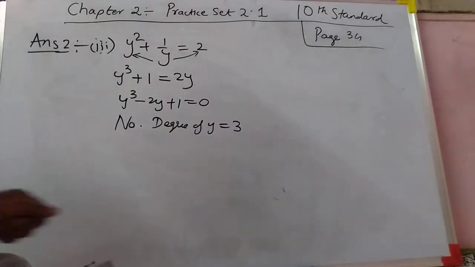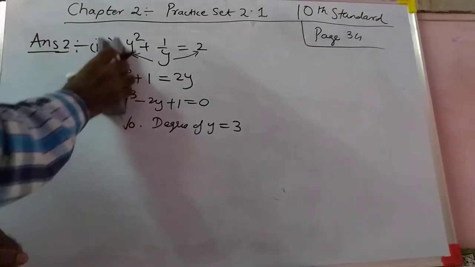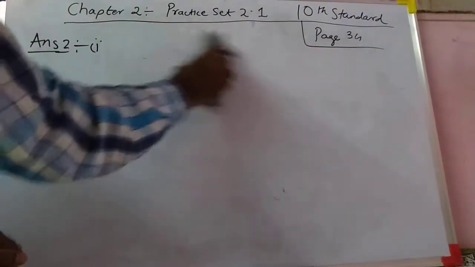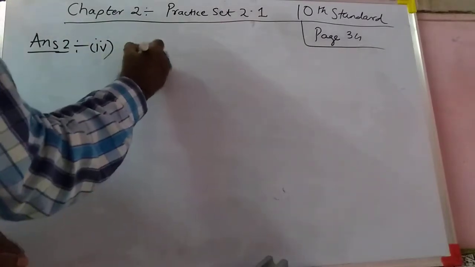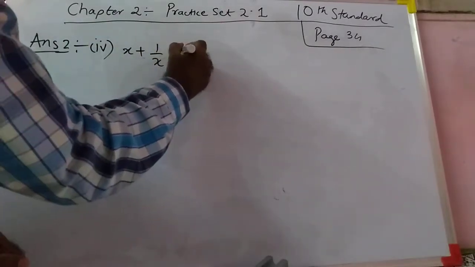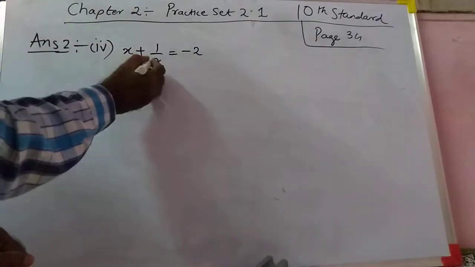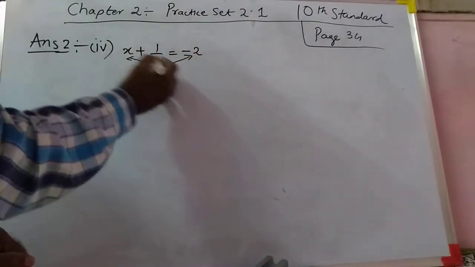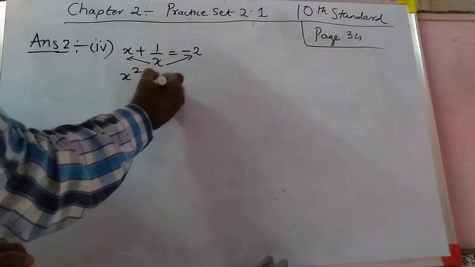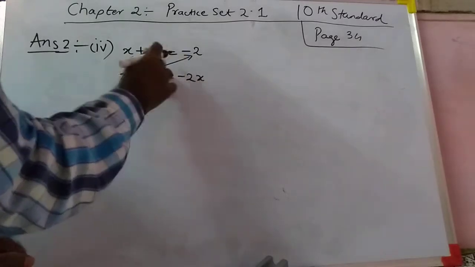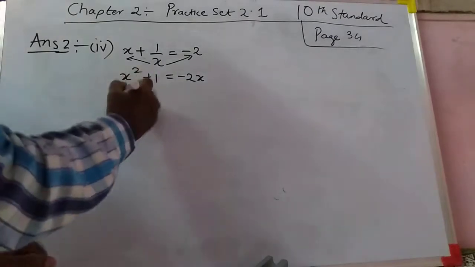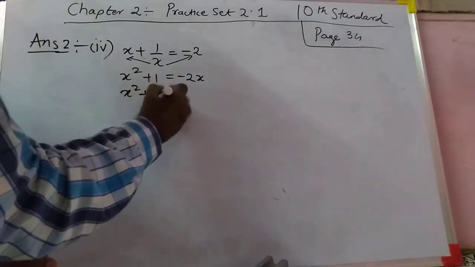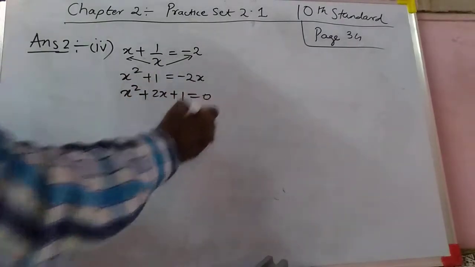In fourth also same logic है. Fourth में भी x plus 1 by x is equal to minus 2. Same logic. It go here, it go here. That will become x square plus 1 is equal to minus 2x, because minus 2 is there. So you have to take it this side, ये side लेना है, x square plus 2x plus 1 is equal to 0.